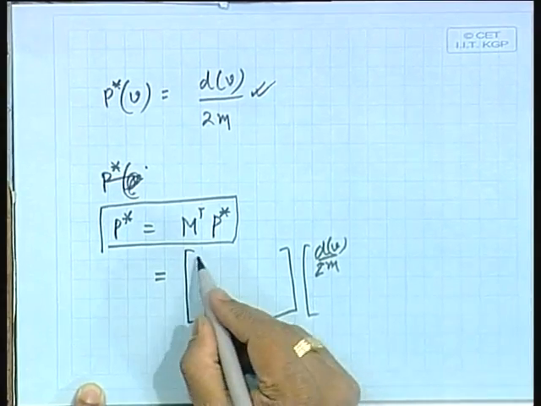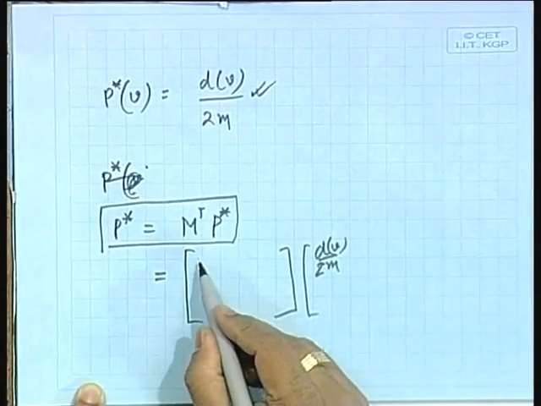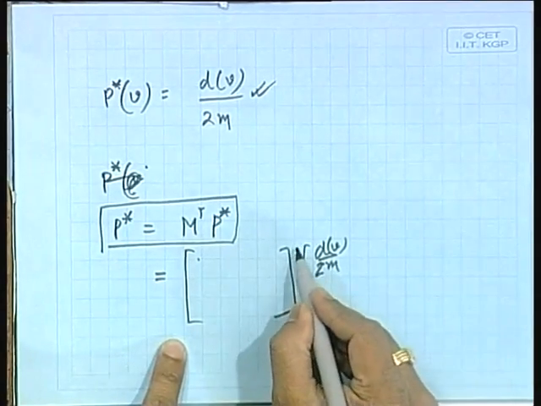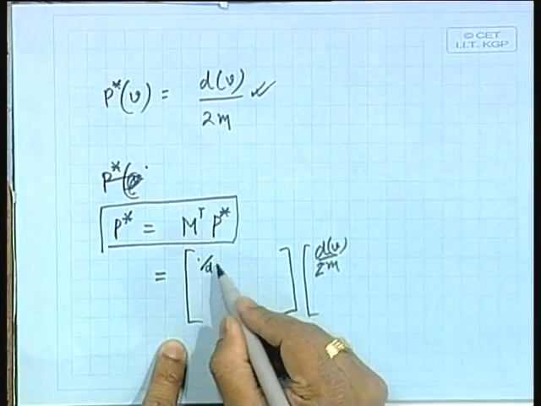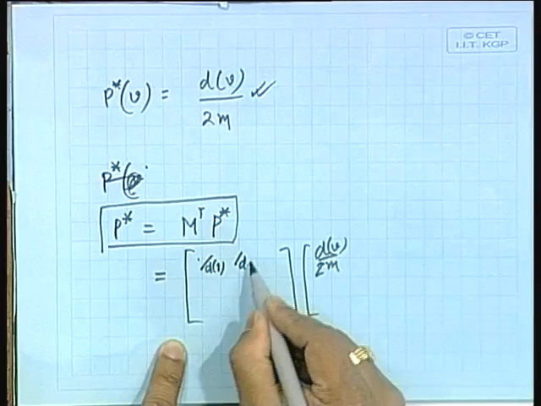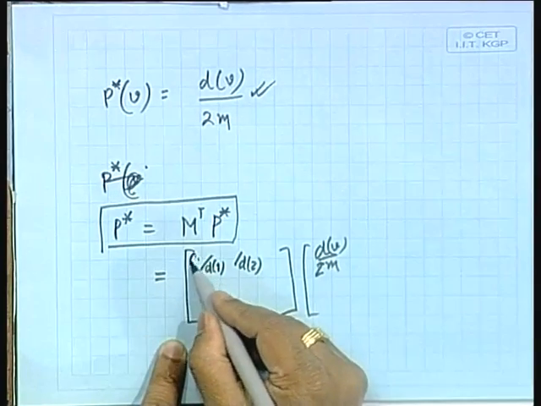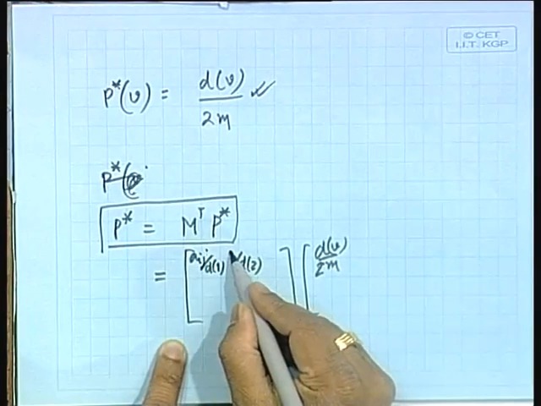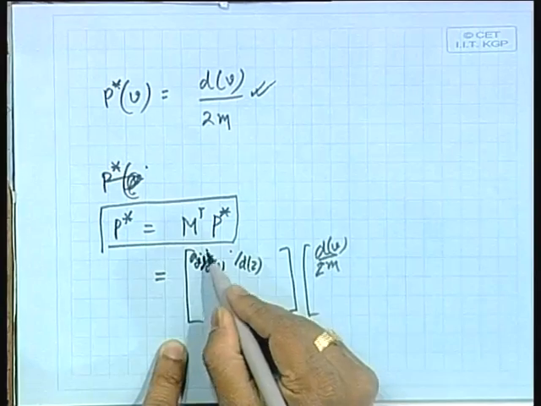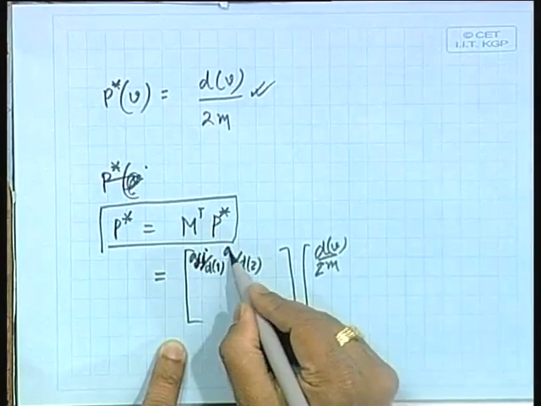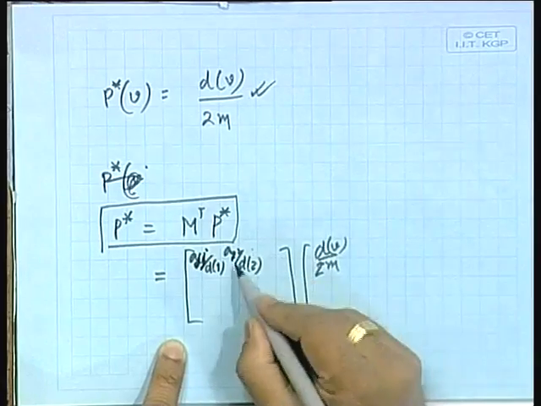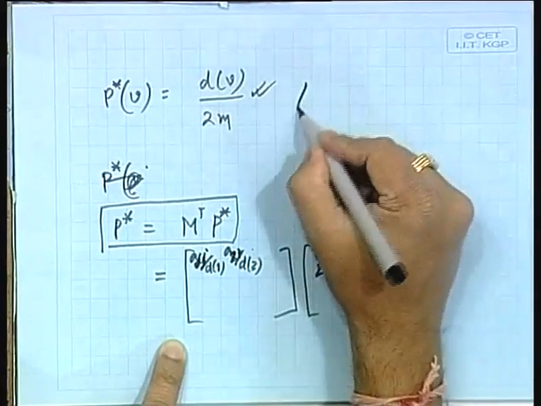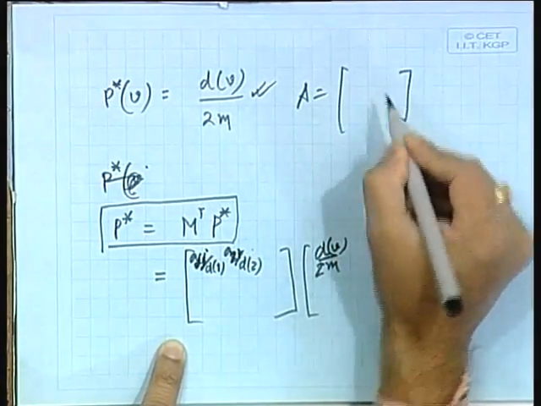And here what you have is the transpose of M. So basically this will be degree of 1, this will be degree of 2, and this is what was originally A ij, with transpose it is A ji, so it will be A11, A12 and so on, sorry, A21. So A is this matrix, the adjacency matrix. Got the point?